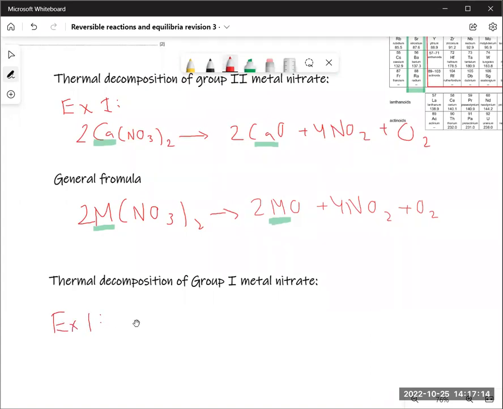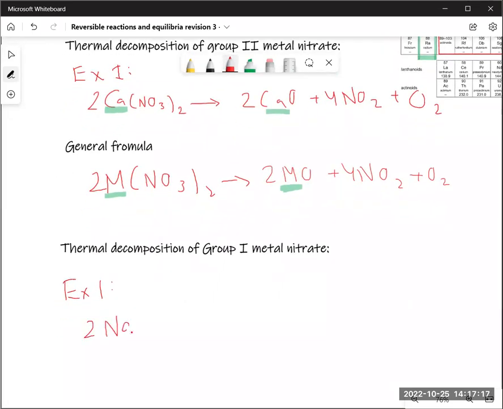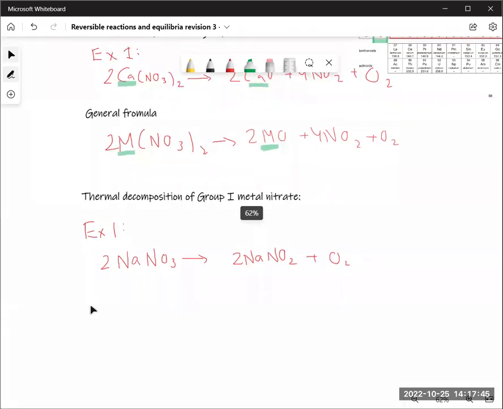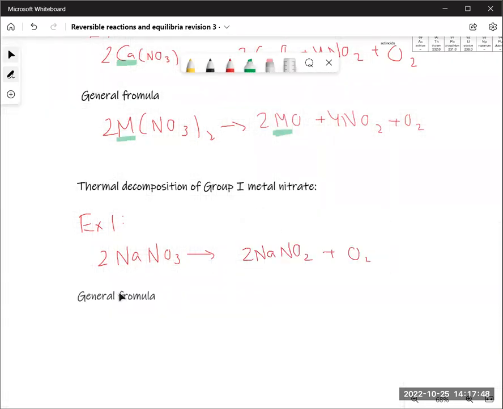Example 1 is 2NaNO3 gives me 2NaNO2 plus O2. Is that clear? Perfect. Now write the general formula for this. All you have to do is replace the Na. You can use any group 1 metal. So 2MNO3.